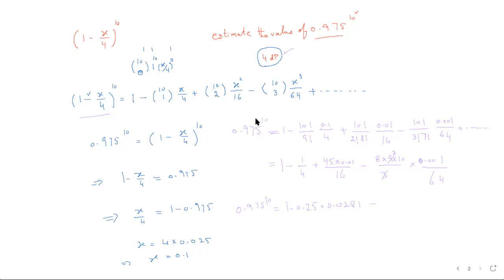So this is going to be 30 times 8 divided by 64, and then times 0.001, and our answer is 0.0038. We will take only 4 numbers.